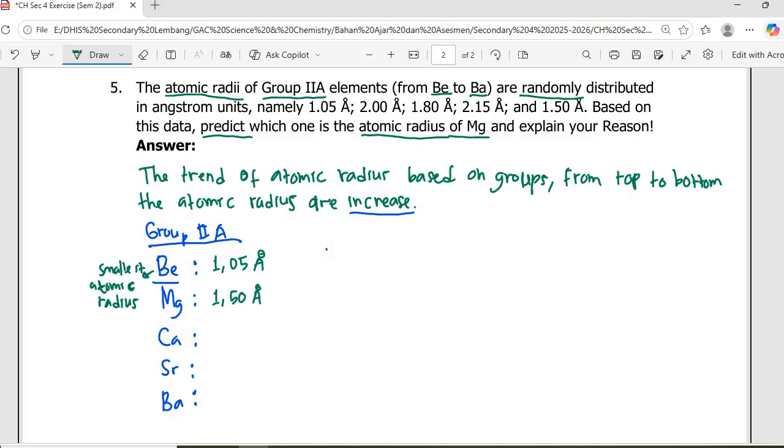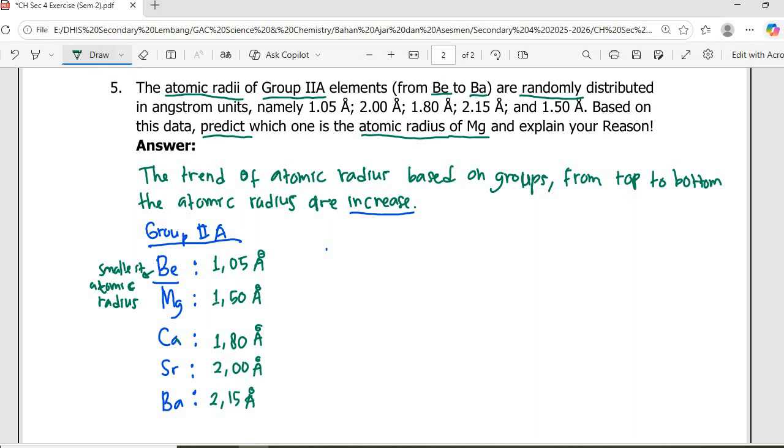Then we continue with calcium, the third smallest, 1.8 angstrom, then next is 2 angstrom, and the biggest is 2.15 angstrom.